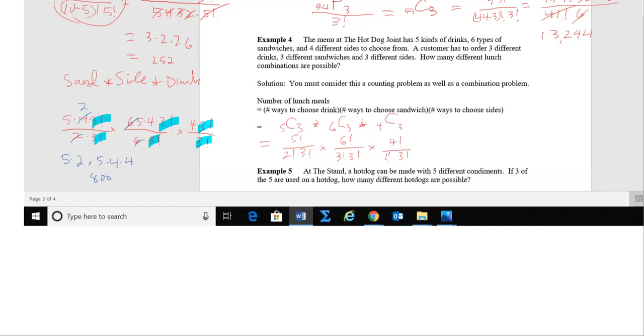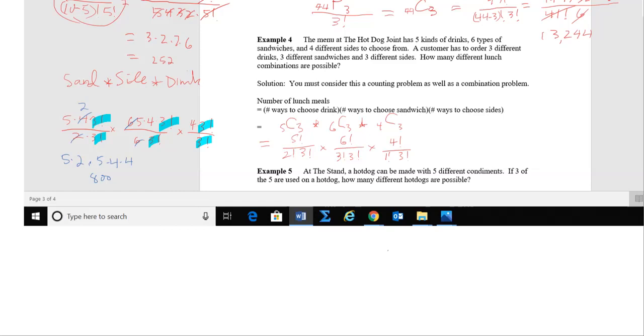You can put ketchup, mustard, and relish, or relish, ketchup, and mustard, or mustard, relish, and ketchup. It doesn't matter how you put those on the hot dog. It's going to be the same. Some people might say it's different depending on which order you put it in, but it's really not. Ultimately, it's the same hot dog.